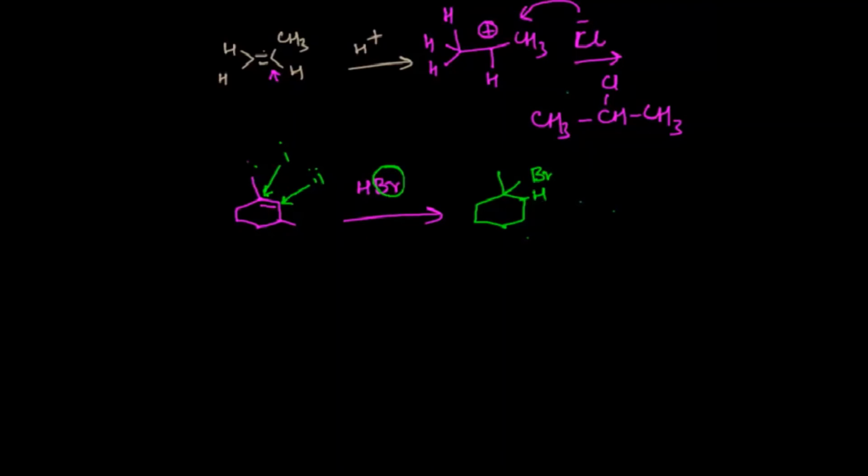Let's take one more example, like this one. If I would have taken CH3 double bond HCH3, and in this particular case I take HOCl, now two different things are there.